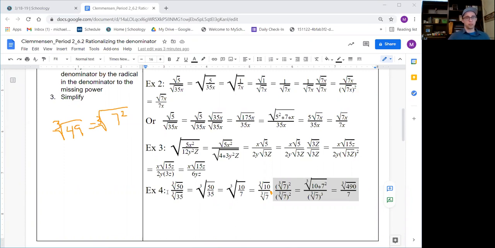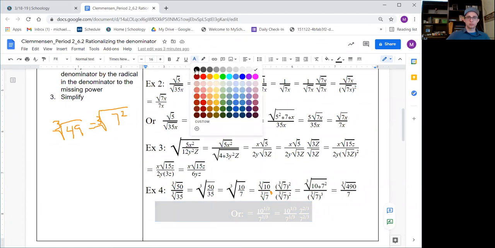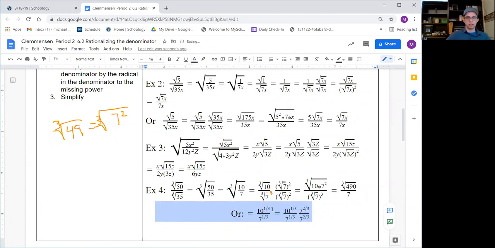Last part, example 4 down below. There's my or statement. I can actually rewrite these as fractional powers, because remember we learned last time that we can rewrite cube roots as a fraction over their index in the exponent. So the cube root of 10 can be rewritten as 10 to the 1/3 power.